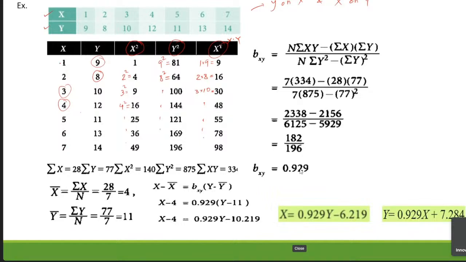Summation of x we got as 28. If you add all these numbers, you get 28. Similarly, sum of y is 77, sum of x square is 140, sum of y square is 875, and sum of xy is 334.